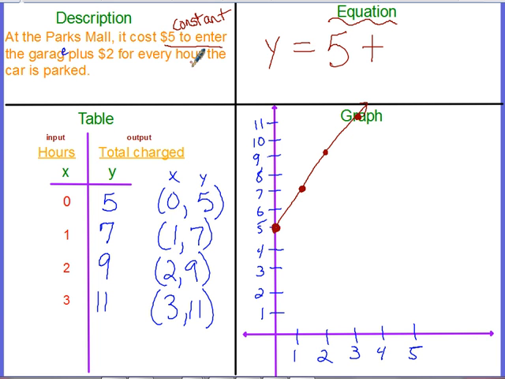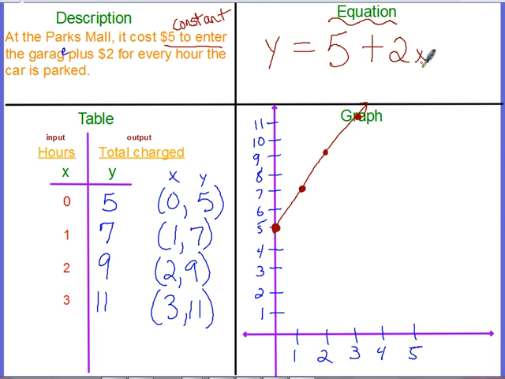Well, hours are being represented with the variable x. So I'm going to be adding 2x to the end of my equation. So it's $5, that's a constant, plus 2 times every hour.